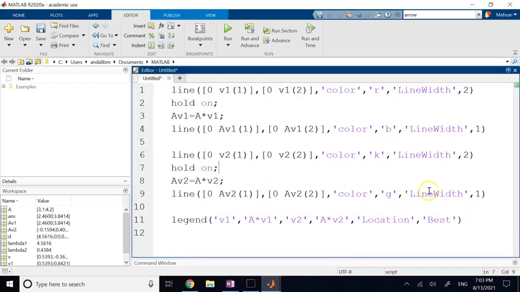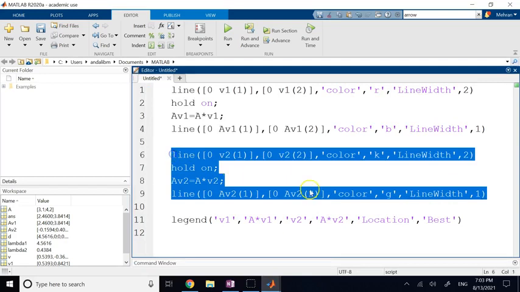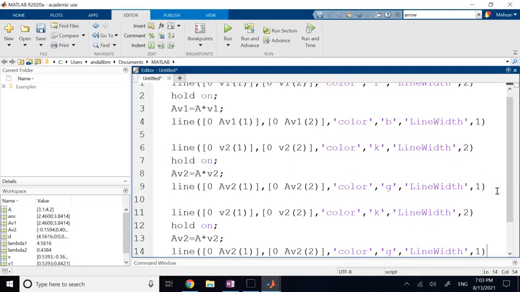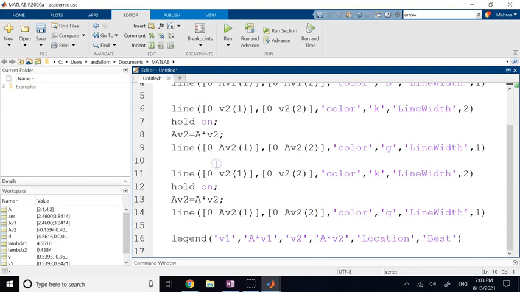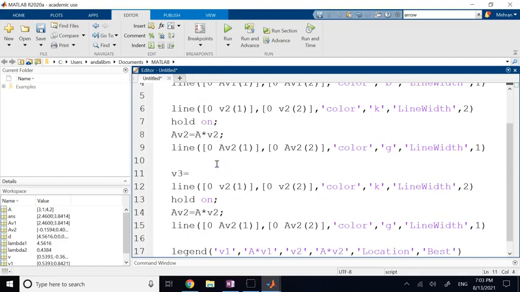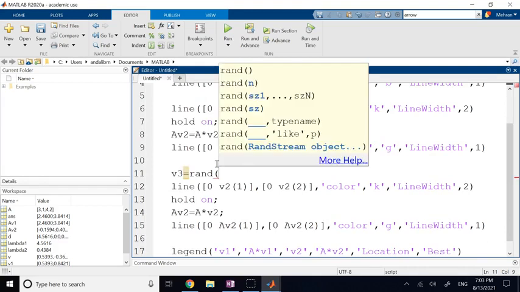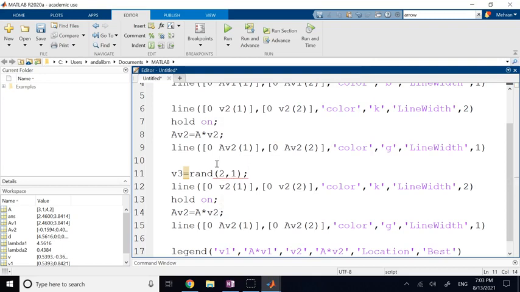let's say here, just for the sake of demonstration, I add another random vector for you. So I generate a vector V3 and say this is equal to rand of 2 and 1. So these are two random numbers between 0 and 1. And now here I do something like this, and here I use a different color, maybe yellow or maybe cyan, correct?